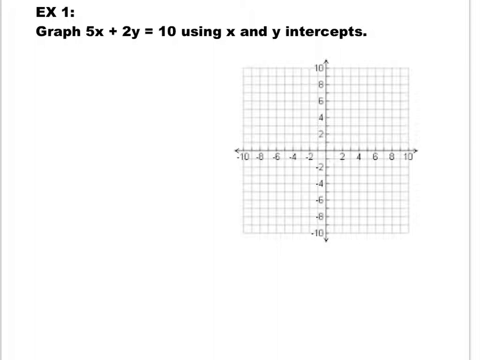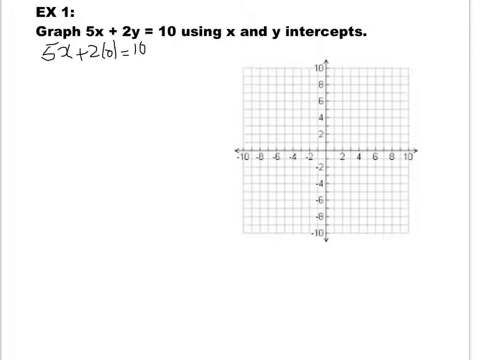Our first example is to graph the line 5x plus 2y equal to 10 using x and y intercepts. The first thing I'm going to do is find the x-intercept. To find the x-intercept, we're going to set y equal to 0. So we get 5x plus 2 times 0 is equal to 10.